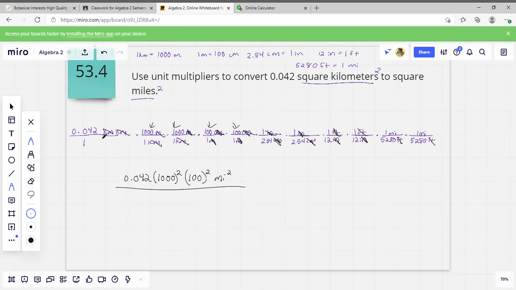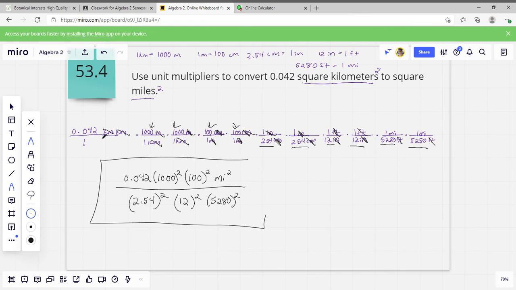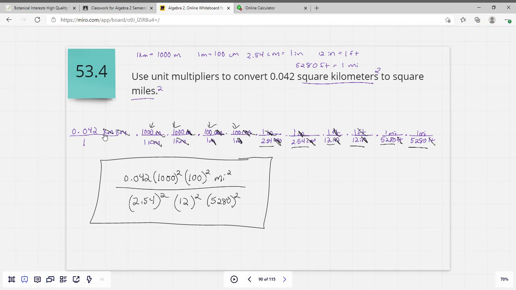And then here I've got 1 and 1 and 1 and 1, 2.54 and 2.54, squared. 12 and 12. And 5,280. Alright, and you can leave your answers like that. You don't have to multiply it out.